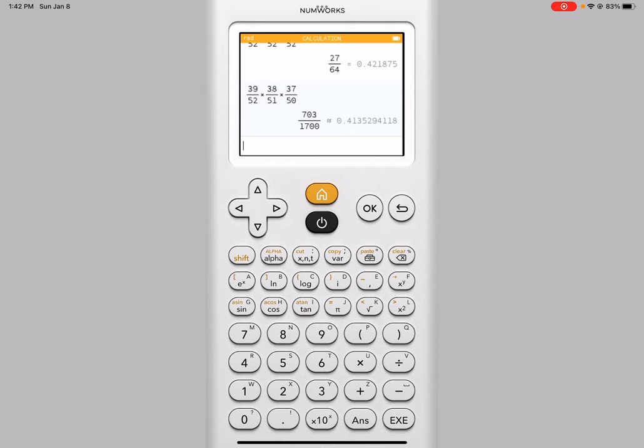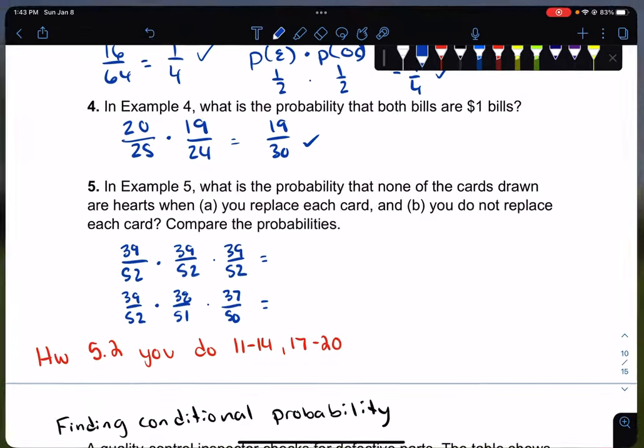So it's not that much lower. Look at how close those percents are. So the chance whether you put it back or not is really close. So, okay.